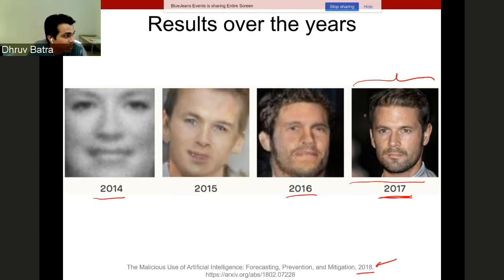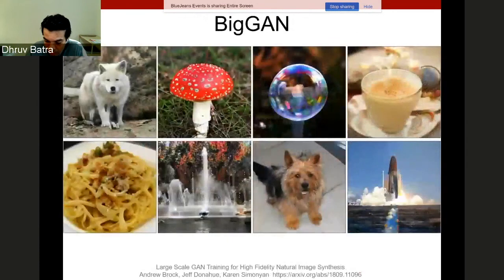The New York Times 2 days ago or 3 days ago ran a story on the potential harmful effects of GANs, but it's also a testament to how believable these results have gotten.